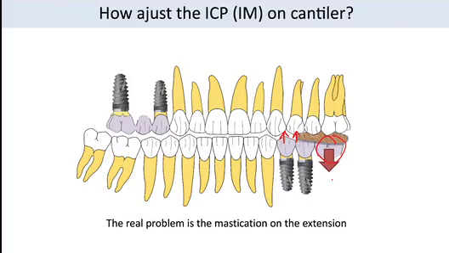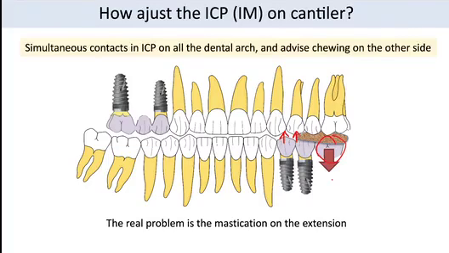And so from my point of view, we have to organize simultaneous contact in ICP on all the dental arch to stabilize the antagonist, to protect the temporomandibular joints, and advise chewing on the other side. When it is something a little bit hard, the patient has to chew on the other side.